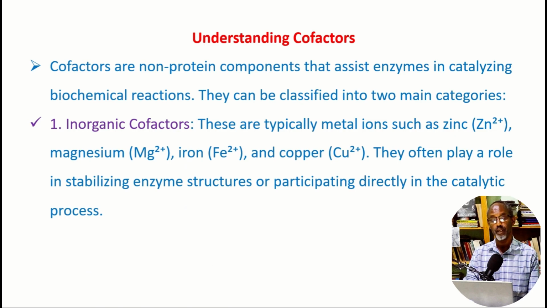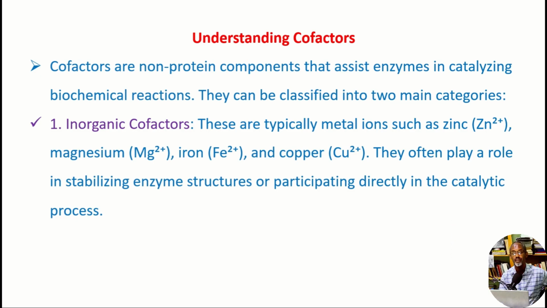These are typically metal ions such as zinc, magnesium, iron, and copper. They often play a role in stabilizing enzyme structure or participating directly in the catalytic process at the active site. They are required in the active site of the enzyme, very important for catalytic activity, without which the enzyme will not function properly. Therefore, inorganic cofactors.